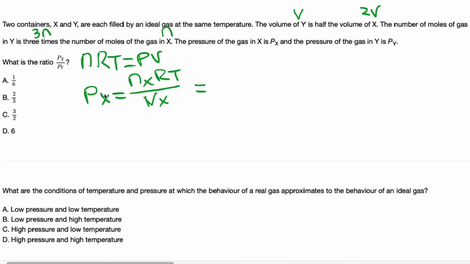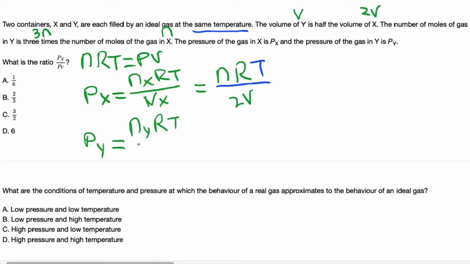So we know the moles at x is equal to N, and R is a constant, and they're at the same temperature, which is equal to T, divided by volume at x, which is equal to 2V, right? So this is the pressure at x, and Py is going to be equal to number of moles at y multiplied by R constant multiplied by temperature divided by volume at y, and this is equal to 3N multiplied by R multiplied by T divided by V, right?